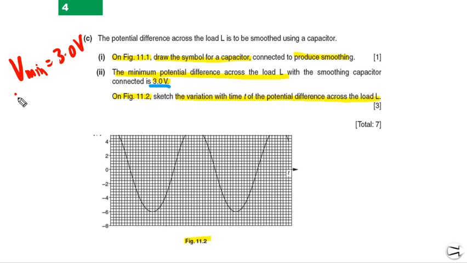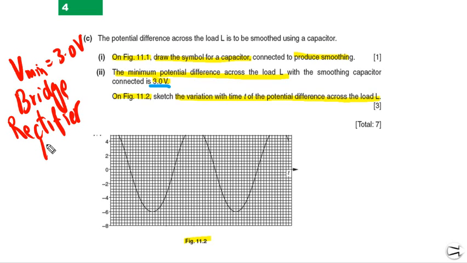The second thing we need to understand is that it is a bridge rectifier circuit, so the output is full wave rectification, meaning we will only get positive values of current.